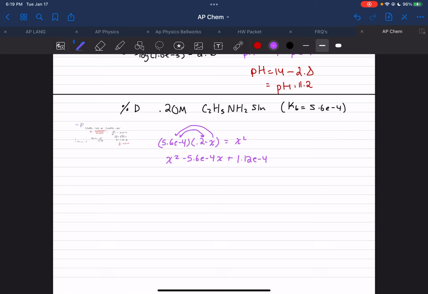When we move that to this side, this should actually become a positive, and this becomes the negative. Now we use the quadratic formula, which says negative b plus or minus the square root of b squared minus 4ac, over 2a. I'm going to have two solutions, and the positive one is obviously going to be my solution here.